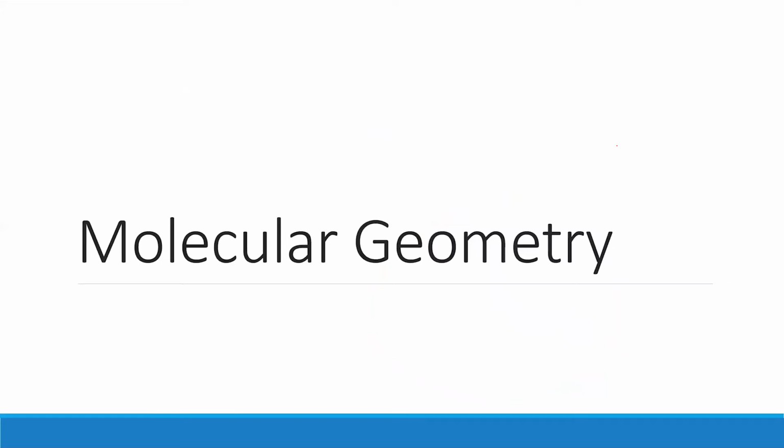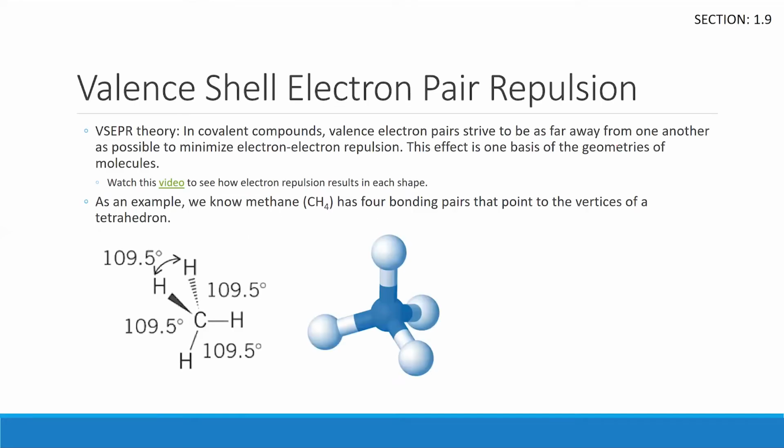Okay, so moving on from drawing into shape, we're still going to be talking about the molecules and their positioning, but now talking about the three-dimensional shape in molecular geometry.